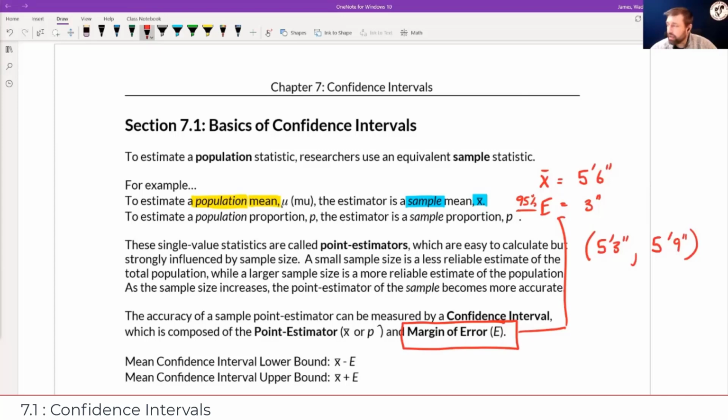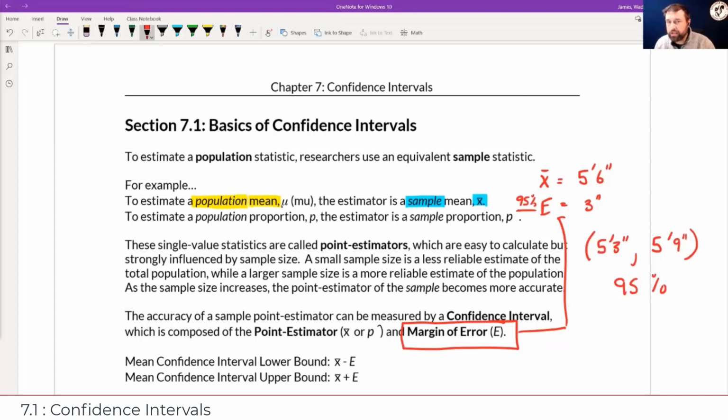And I could say with 95% confidence that the entire population average height is in that interval. Somewhere between 5'3" and 5'9" is the actual population average height. Which I'll never be able to measure, right? But at least I can say with 95% confidence.